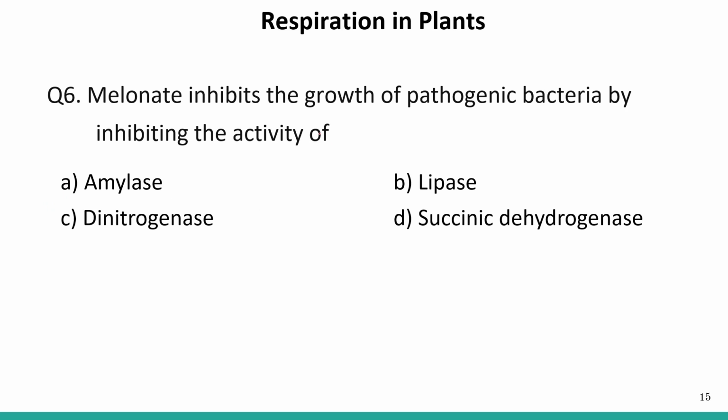Now, the next question is: malonate inhibits the growth of pathogenic bacteria by inhibiting the activity of what? Let's talk about malonate first. What is malonate? Malonate has a structure similar to succinate.